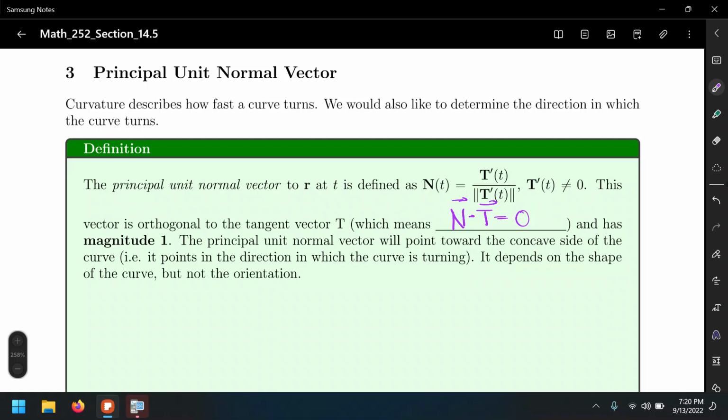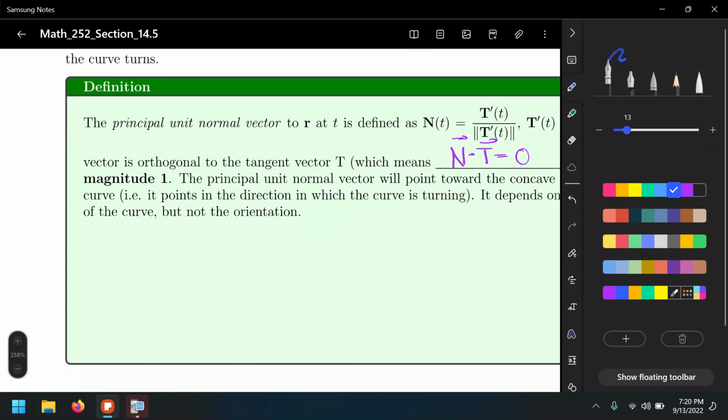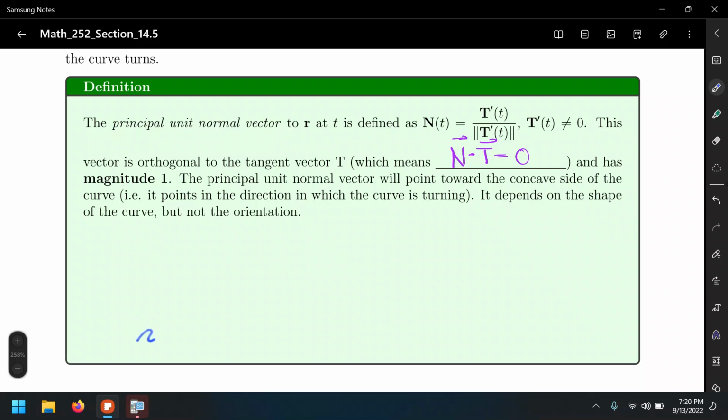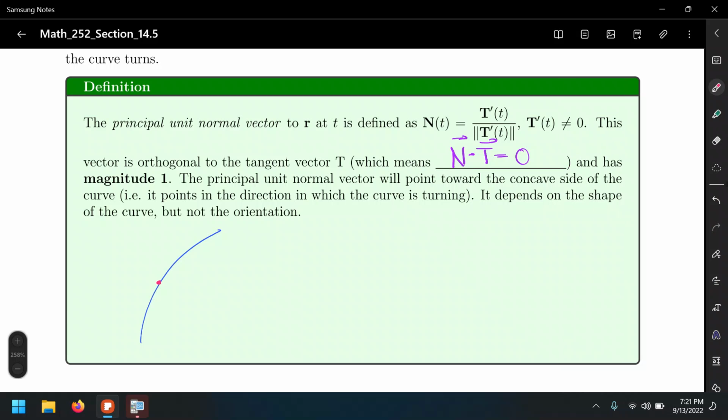So what's the picture anyway? We have a curve in one direction like this. At a given point, we're going to have a tangent vector, the tangential in this case, and it has to be in this direction, because that's important.